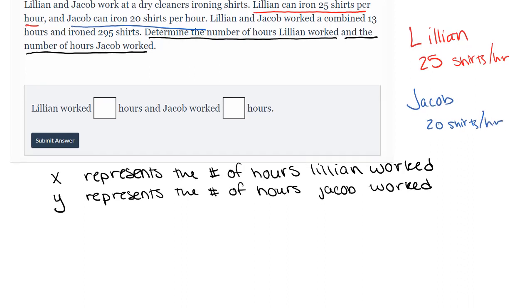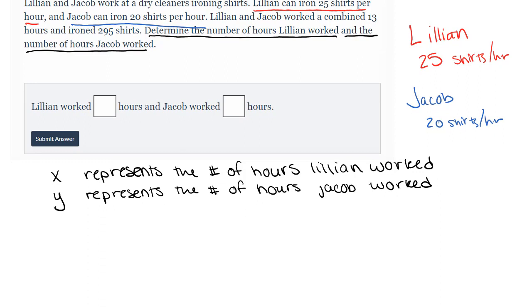All right, and then I have two total values here, and I want to pay close attention to their units. So together, Lillian and Jacob worked 13 hours. So one total that I have is 13 hours, and another is that together they ironed 295 shirts.